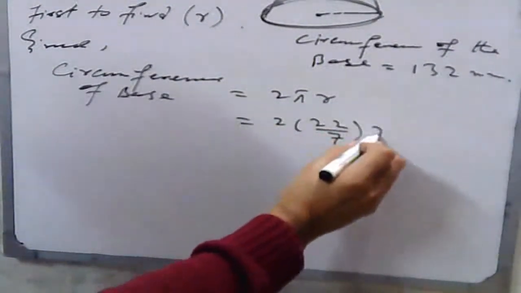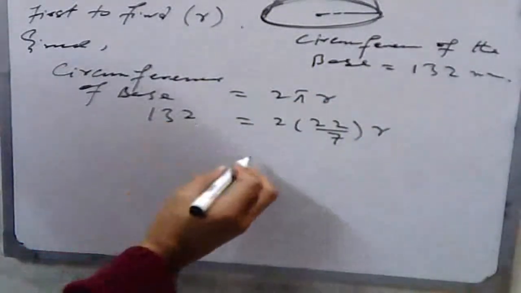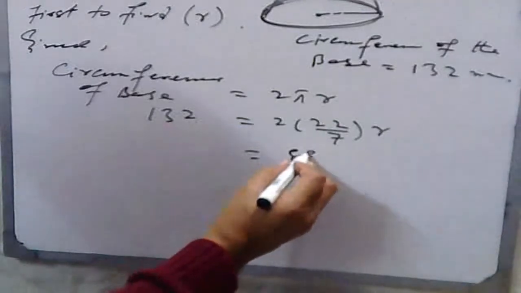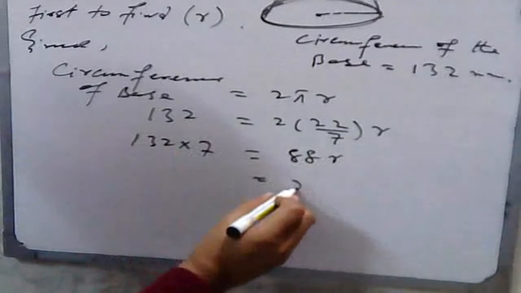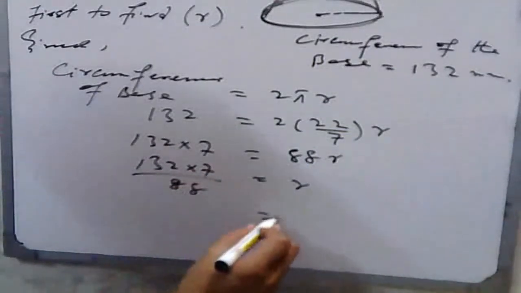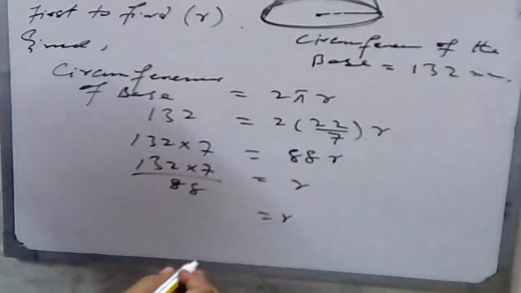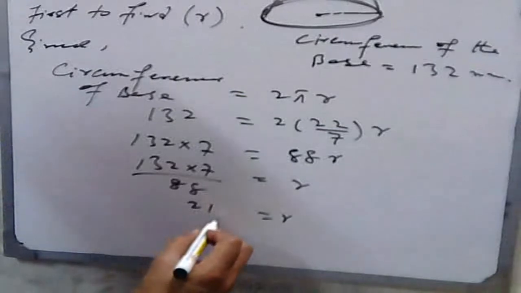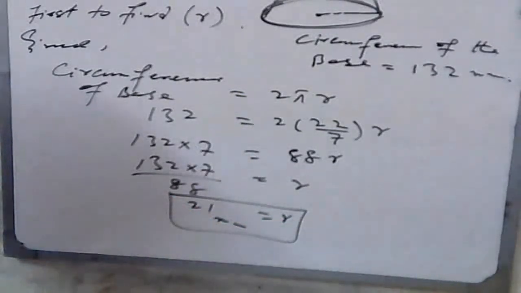So we have to find the value of r, and by using cross multiplication, 132 multiplied by 7, we need r, divided by 88. So the value of r is 21 millimeter.